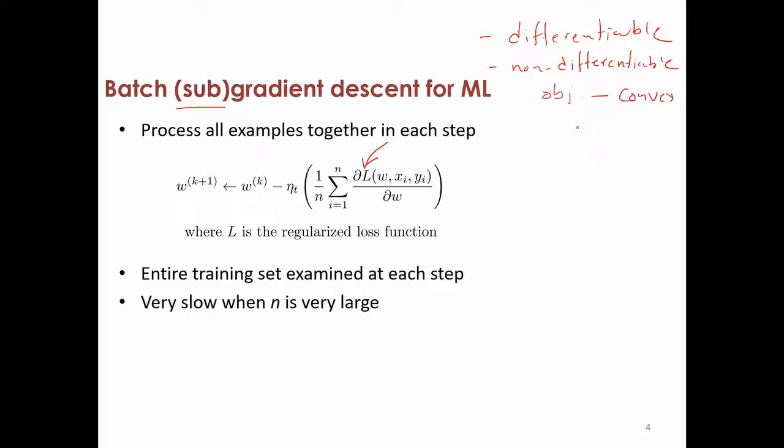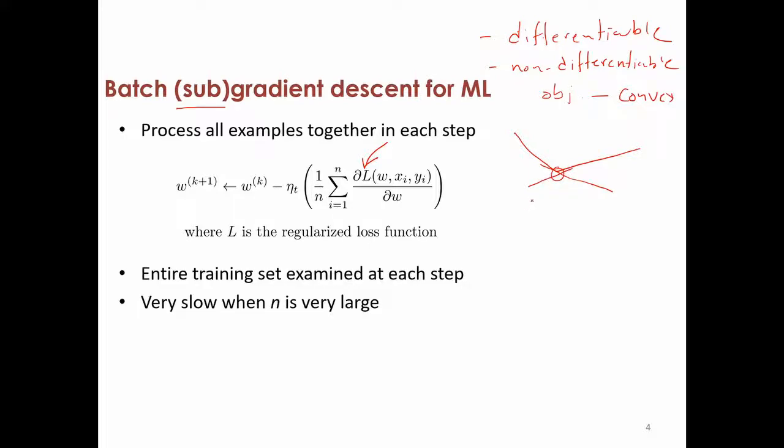And how does this work? Suppose you have this kind of an objective function which is convex but not differentiable at this point. As you can see there are two gradients. One is if you approach from the left side, this is one gradient, and if you approach from the right side, this is the other gradient.